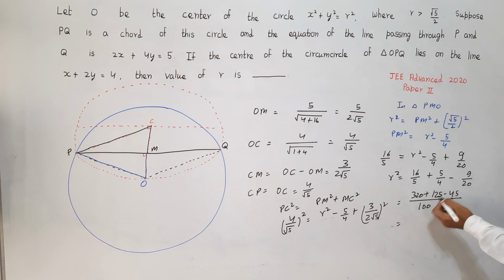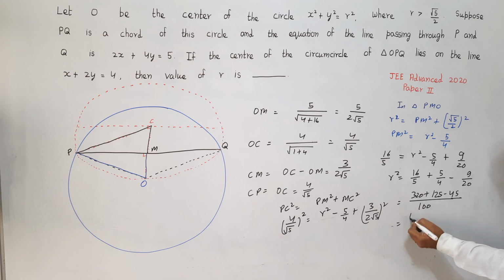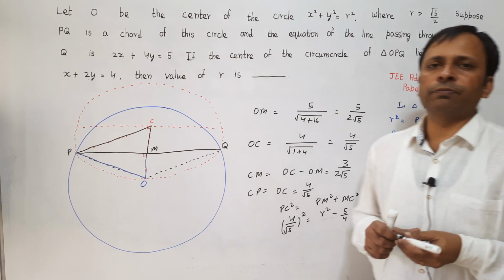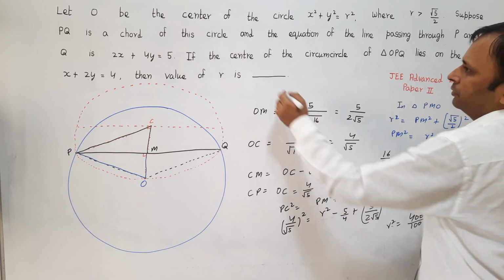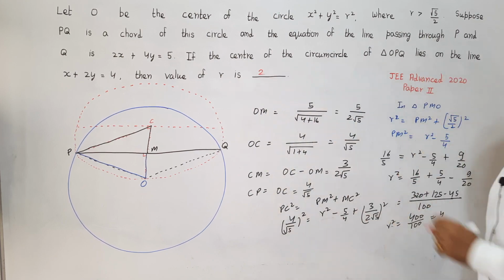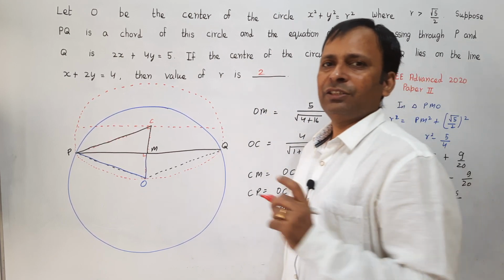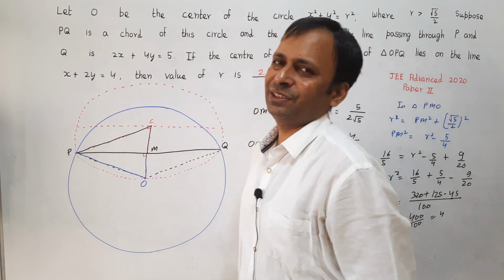So 125 minus 45 is 80, 80 plus 320 is 400. So 400 by 100 is the value of R square, which is 4. So if R square is equal to 4, you can clearly say that the value of r will be equal to 2. So r equal to 2 is the right answer to this question.